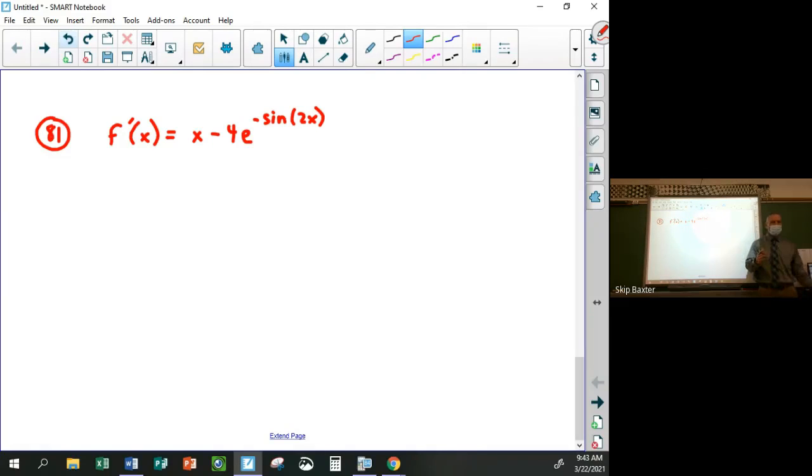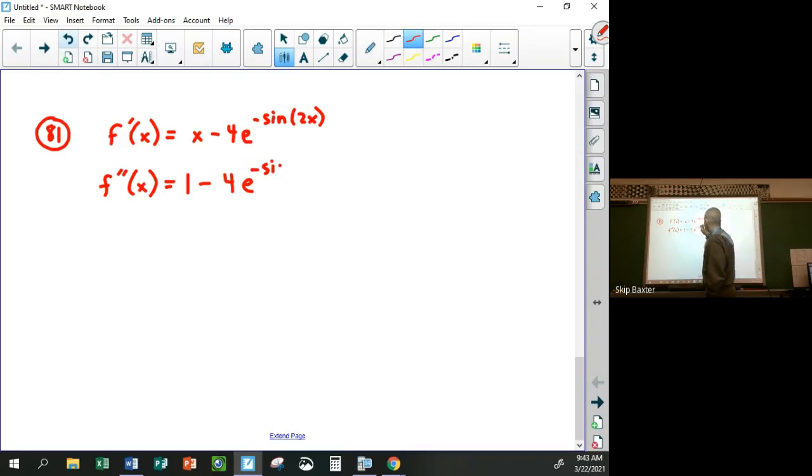So inflection points are when the second derivative changes sign, right? So there's 2 ways to do this. You could actually find the second derivative and then just graph it and see how many times it changes sign. So that works. So f double prime of x would be 1 minus 4e to the negative sine 2x, but you have to use the chain rule multiple times here.